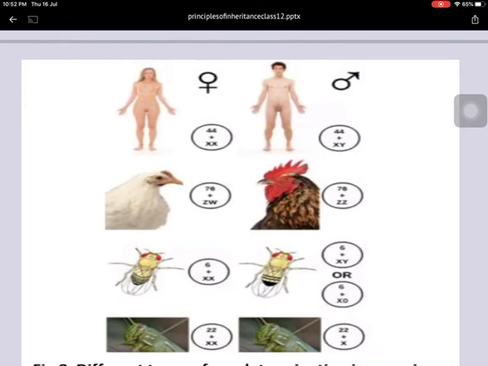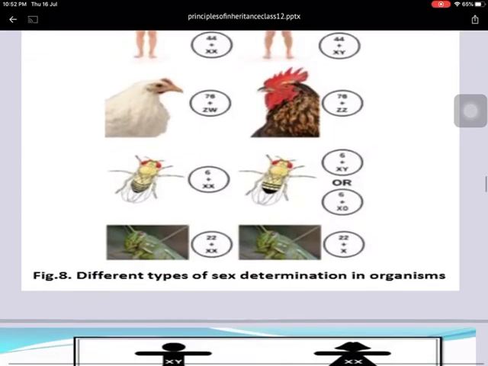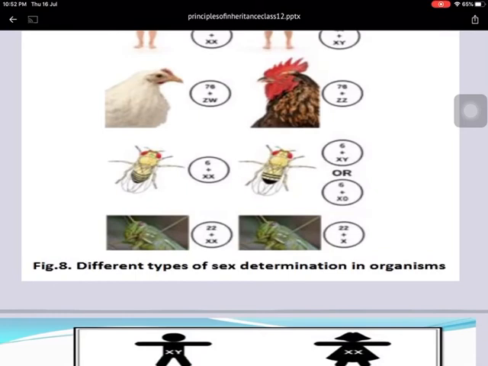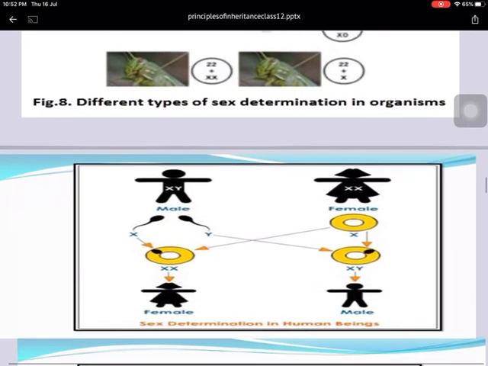But if you study Apis, the honeybee, male is haploid. Haploid means X naught. There is only one chromosome, no pair, and that is called haploid, and it produces gametes by the mitosis process. After that, grasshopper, again female is homogametic and male is X naught.